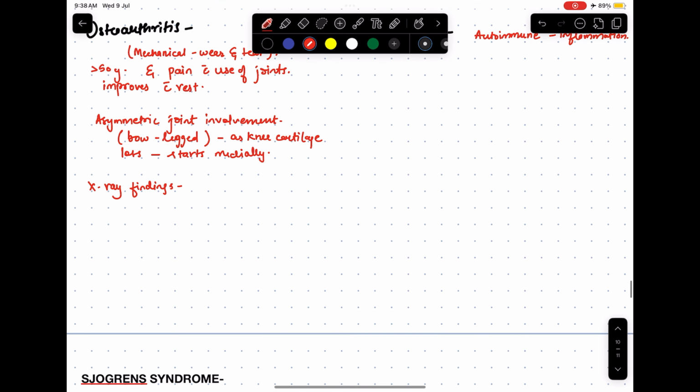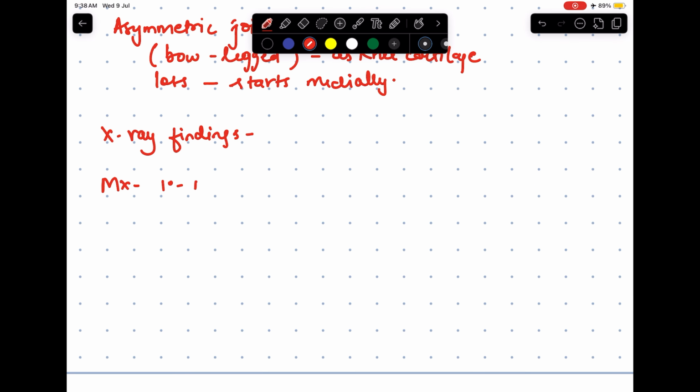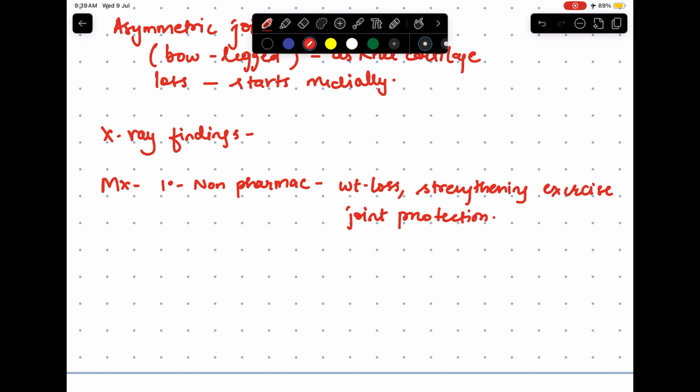Now for the management, we start off with non-pharmacological measures. We'll ask the patient to do strengthening exercises, because it is age related. So mostly the first answer to mark is strengthening exercises, conservative treatment. Only after that do we move to pharmacological therapies.